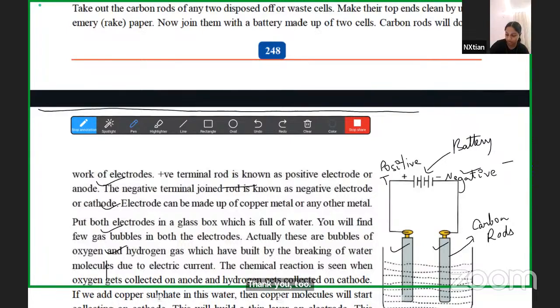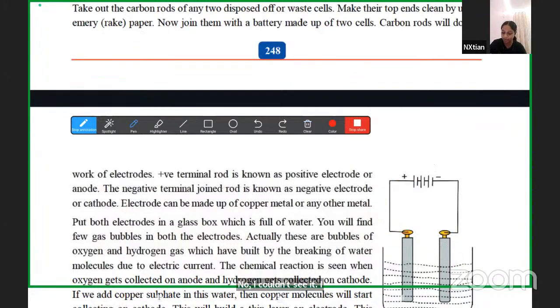The rod that is joined with the positive terminal, this one. Which is the positive terminal? Left one is positive. I couldn't see it. Okay, it's okay.